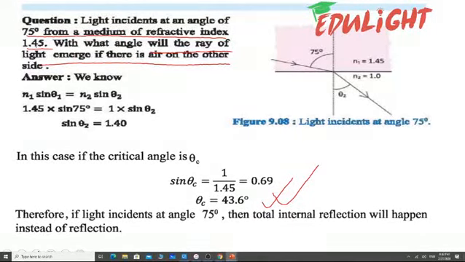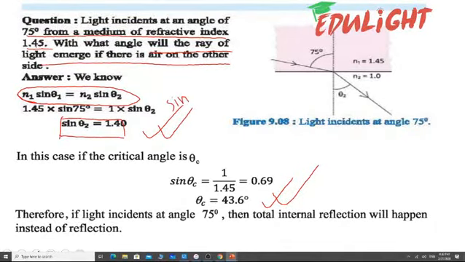So we can do it with this formula as well, using eta 1 sin theta 1 equals eta 2 sin theta 2, representing eta 2 as 1 and eta 1 as 1.45, and sin theta 1 is known, that is 75 degrees. Then we will find this expression, and with the help of the inverse operation, theta 2 will be sine inverse of 1.4.